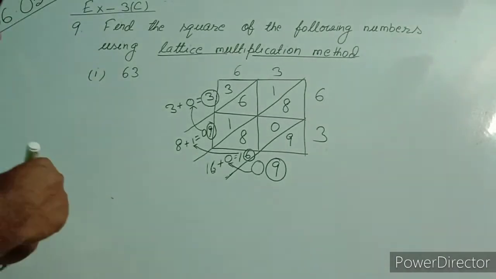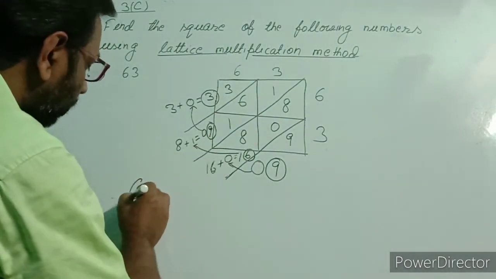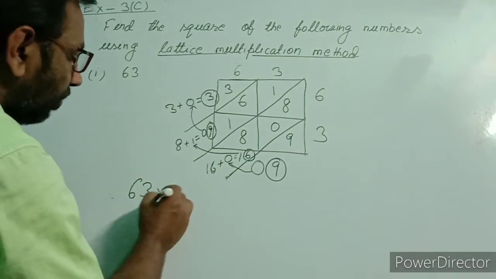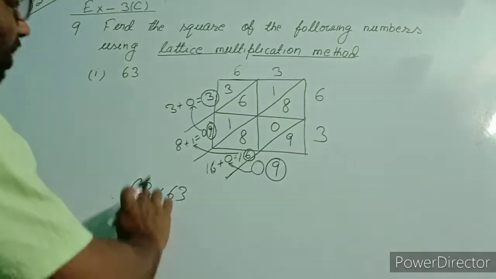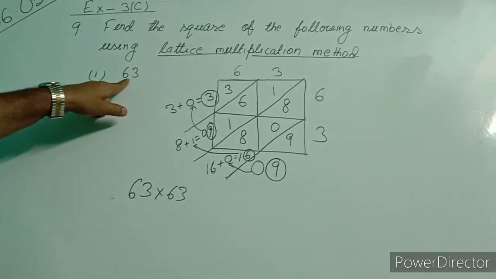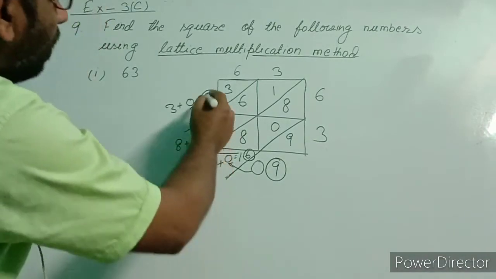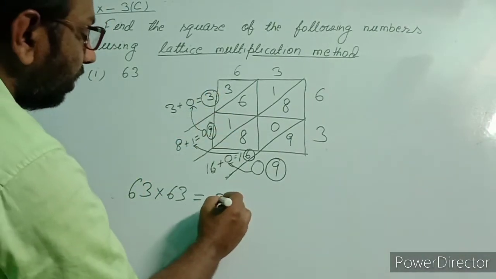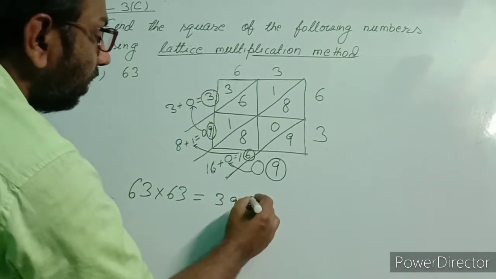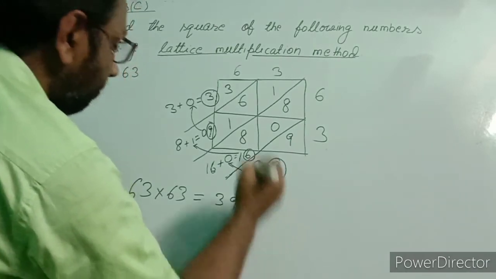Now how many are circled numbers? You write those in this way. 63 into 63. Why? Because we are asked to find out the square, so we multiply this twice. 63 into 63 equal to, write all these circled numbers: 3 9 6 and 9.